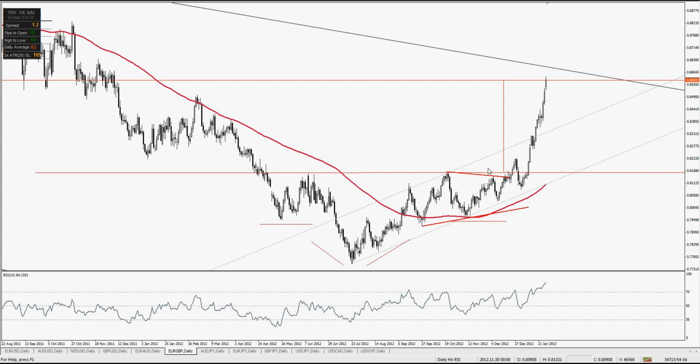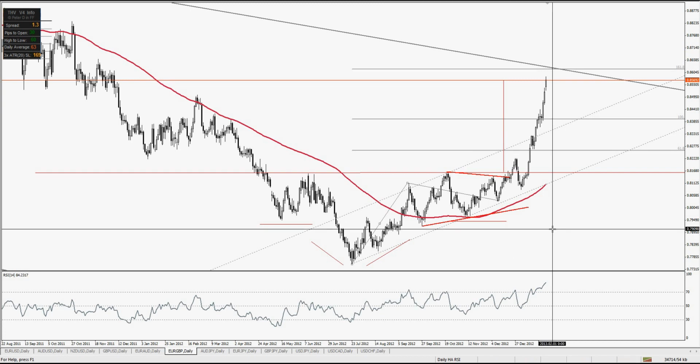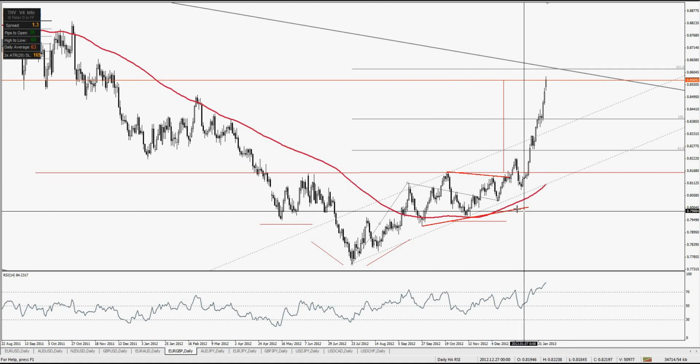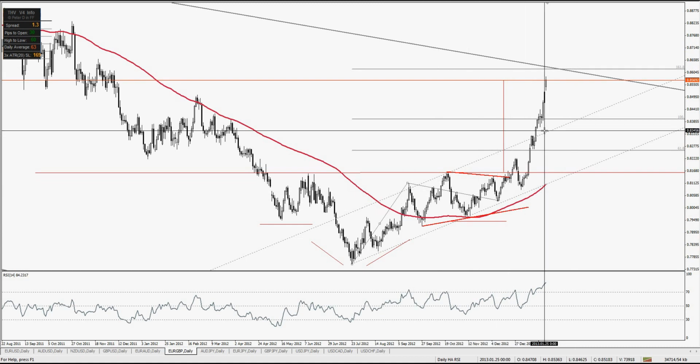You got A, B, C, D, E for a B wave, and then you're working on the C wave up, and that comes in right at the trend line. So this is the bearish count here.